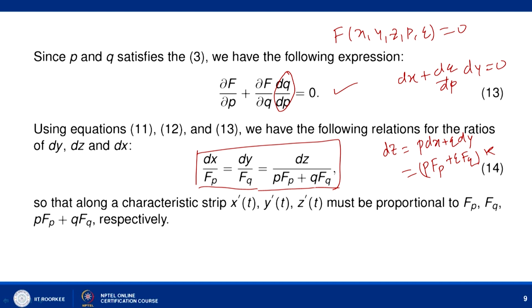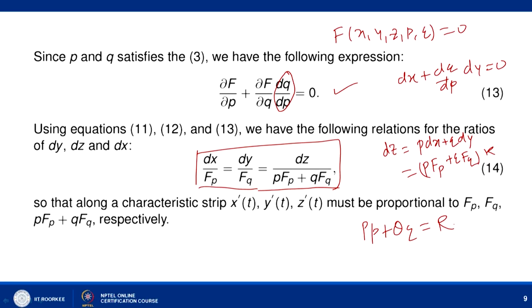And here you please recall that in the case of the Cauchy linear equation, rather than the nonlinear equation, your equation is P p plus Q q equal to R, and if we denote this equation f of x, y, z, p, q equal to this, let us write minus R here.